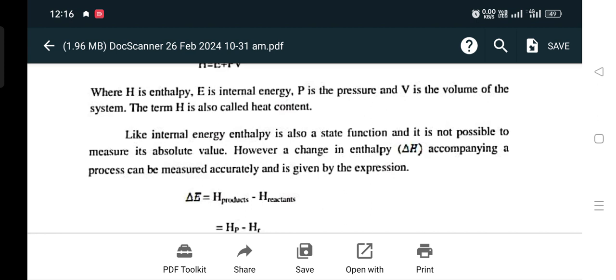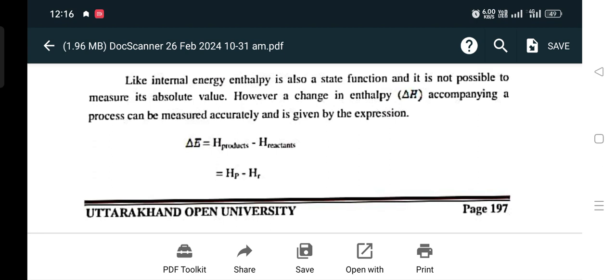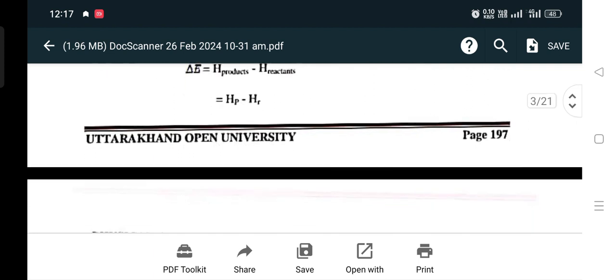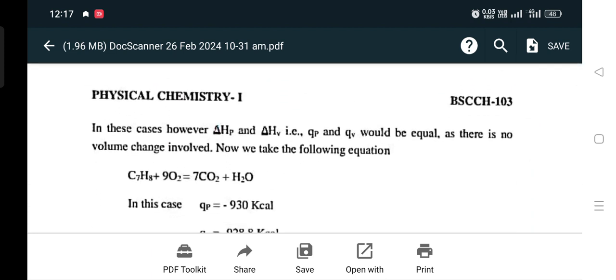Like internal energy, enthalpy is also a state function and it is not possible to measure its absolute value. However, a change in enthalpy accompanying a process can be measured accurately and is given by the expression del H is equal to H product minus H reactant, HP minus HR. In this case, however, del H and del E, such that Qp and Qv, would be equal as there is no volume change involved. Now we take the following equation.